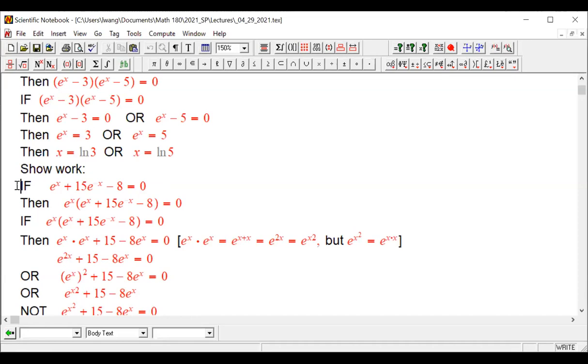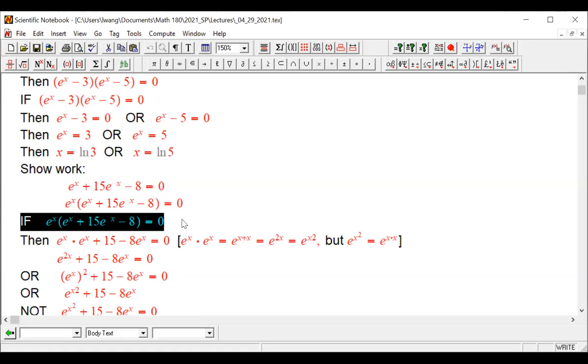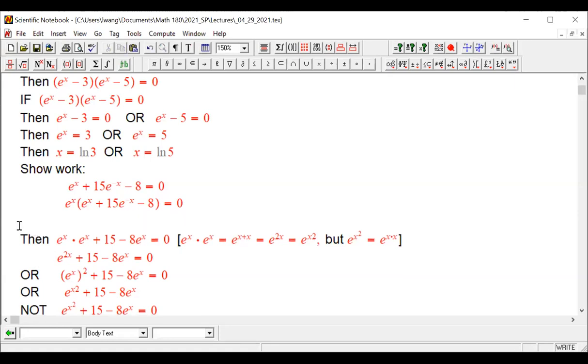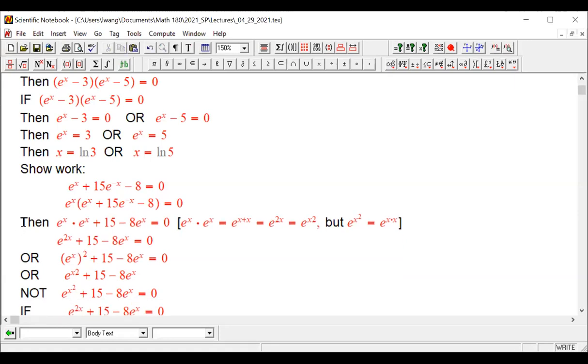Okay, we don't use the if anymore. So if then are completely removed. The if is removed, then is removed. But that if then is in your head, in our mind.